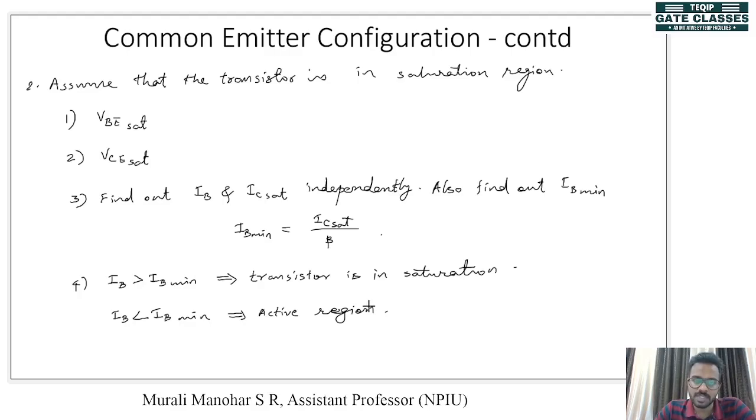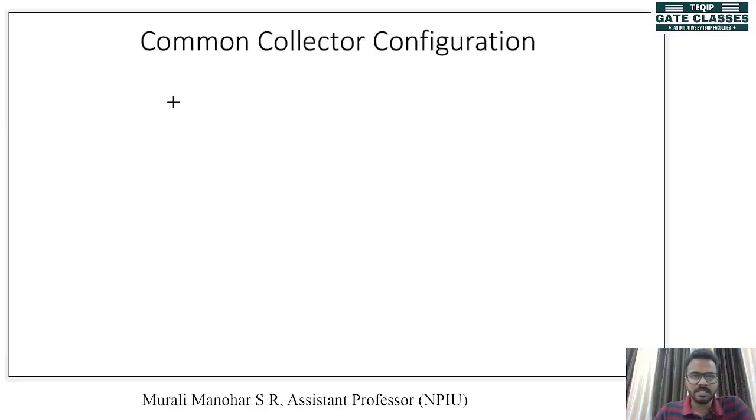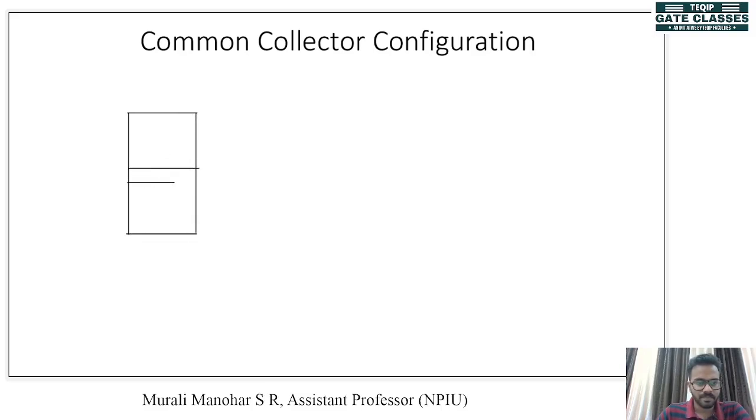We will do the problems in the next lecture, and today we will move on to the next topic. The last configuration is common collector configuration. In this configuration, collector is common to both input and output. This is our emitter, base, and collector of a PNP transistor.